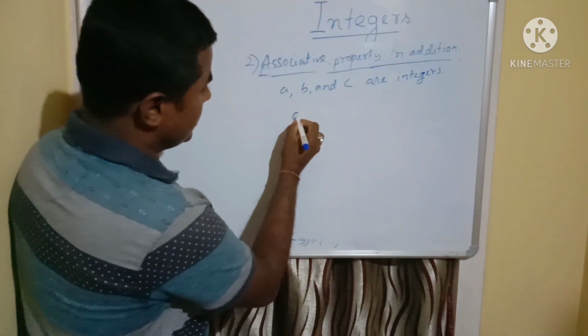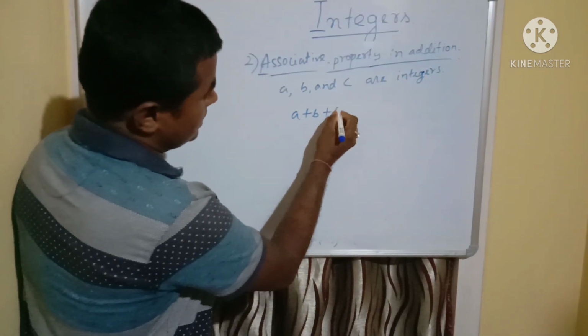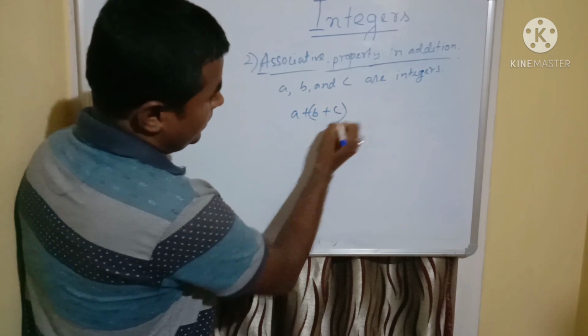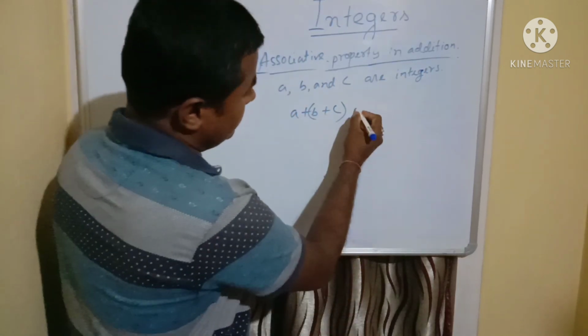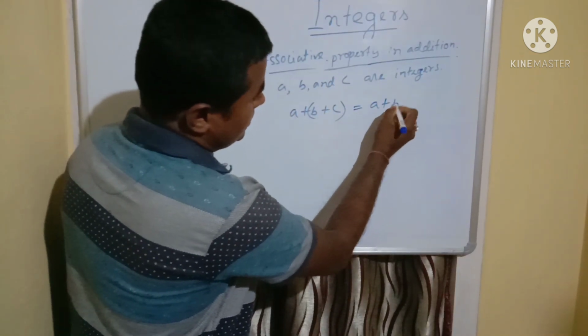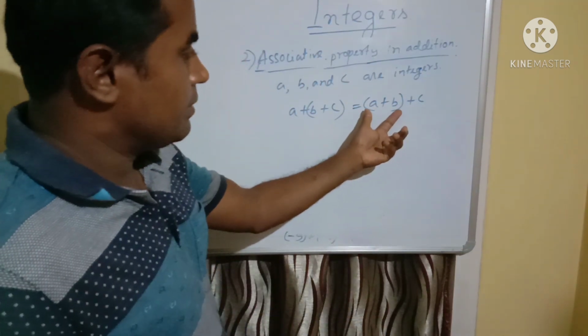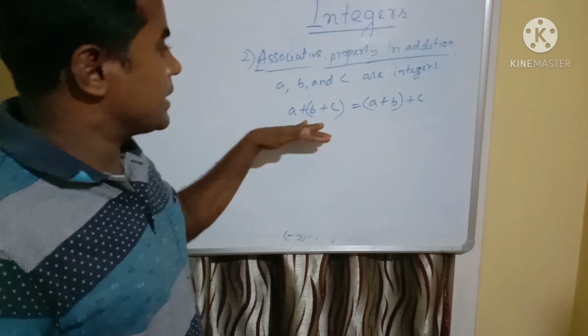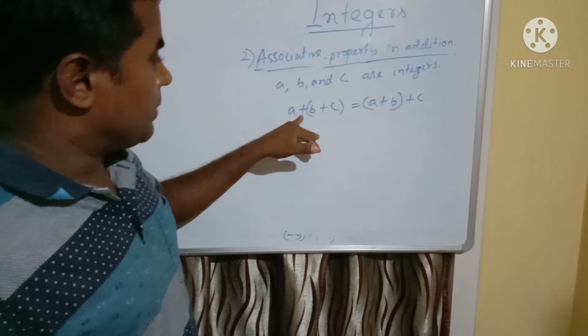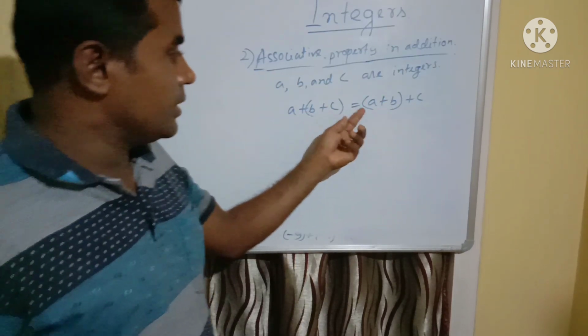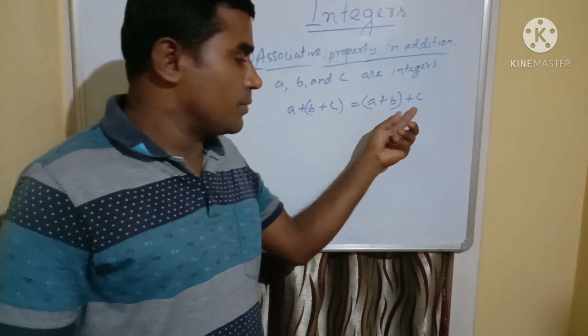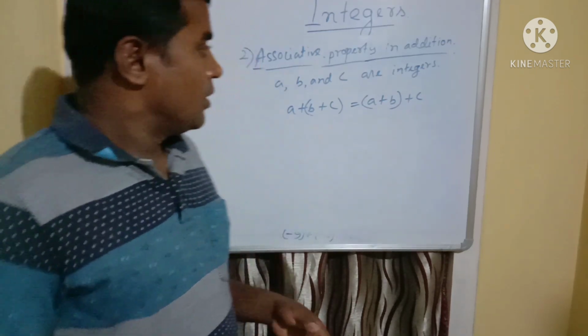Then you take A plus, in brackets, B plus C. Next, A plus B in brackets, plus C. So this is the associative property: A plus (B plus C) equals (A plus B) plus C.